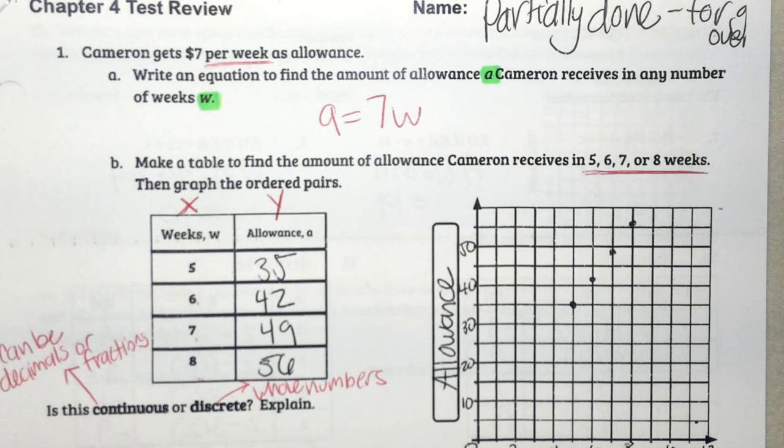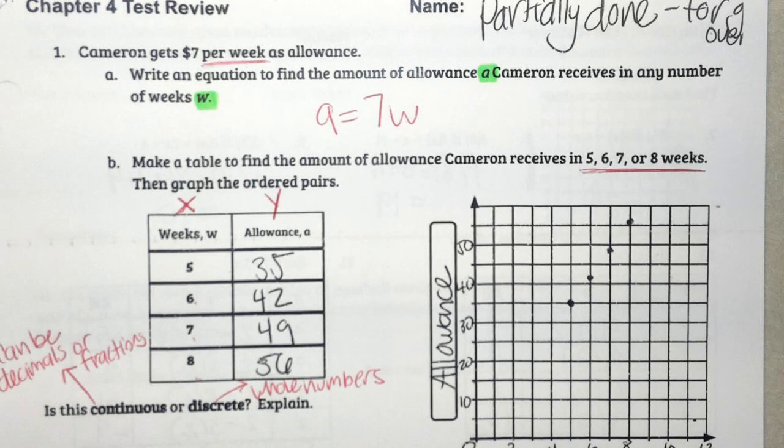Like maybe each day they give you $1.25 until we get to that $7. Or is it they give it to you once a week? How would your parents possibly give you an allowance? Do you think they give you the little bit amount each day? Or if you get $7 per week, are you getting $7 at one point in the week?